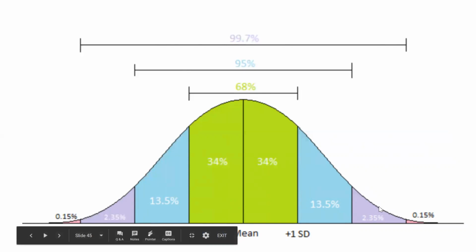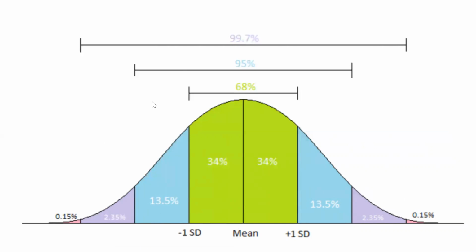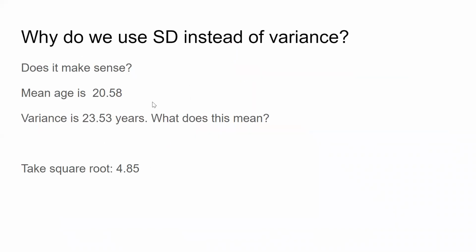Then not very many people have super high scores and not many have super low scores in a population. So that's the gist of a normal distribution.